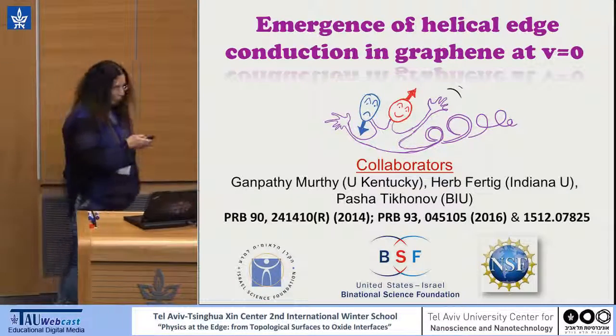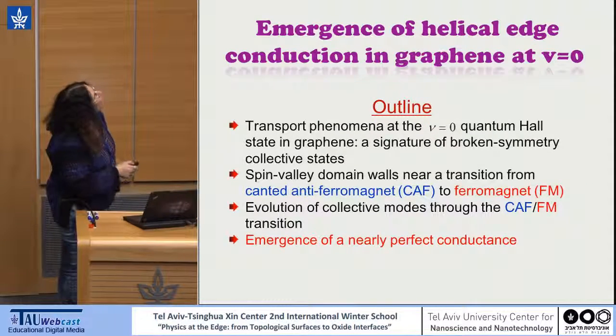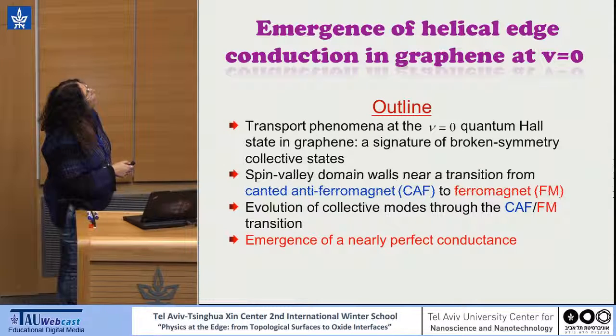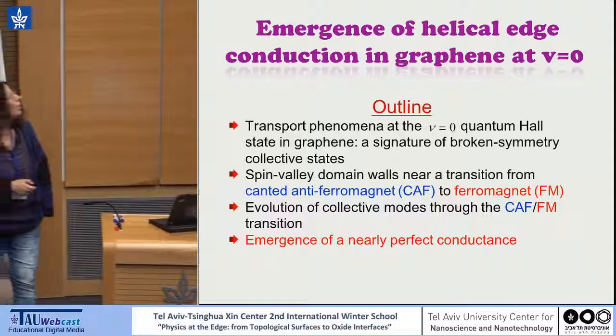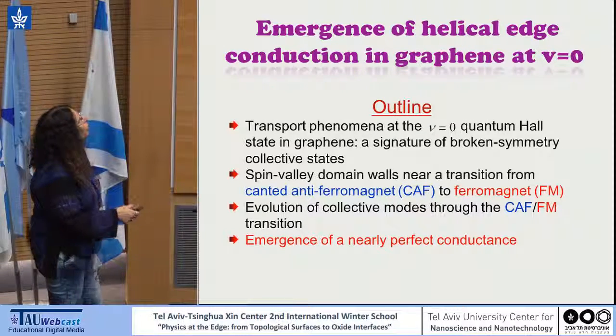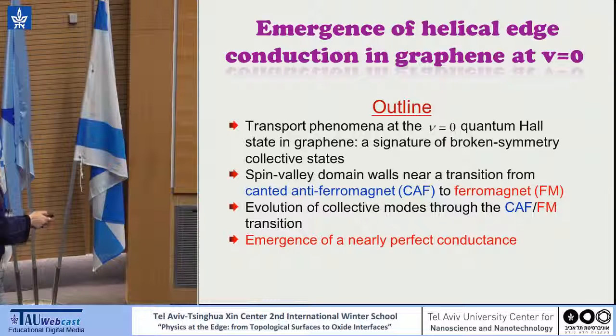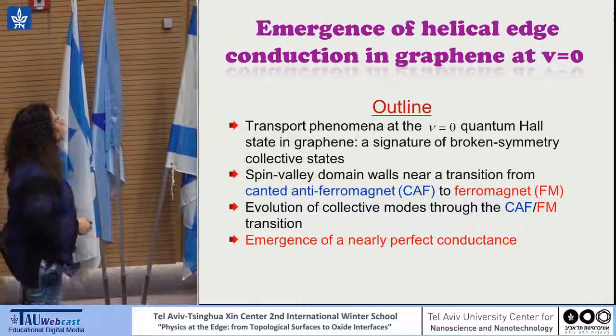So this is the outline. I will start with a very brief introduction to the nu equals zero quantum Hall state in graphene, and what is known about it theoretically and experimentally, in particular, its controversial transport properties.